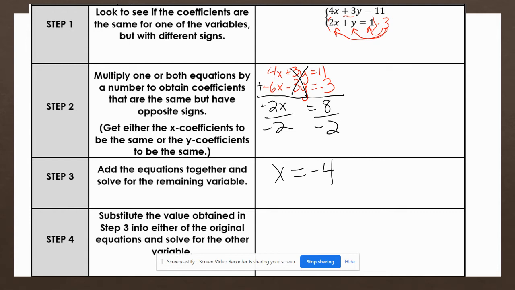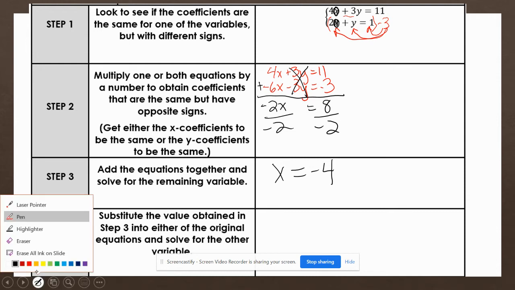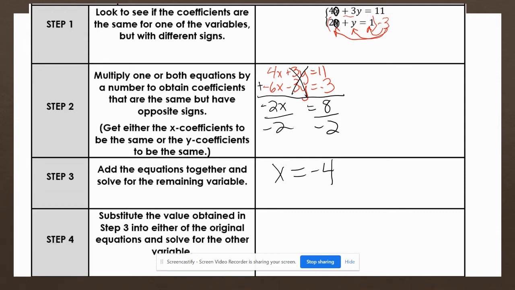Now that I've got x is equal to negative 4, I can plug that into either this x or this x in my originals to solve for y. So if I solve for y on the bottom one, I do 2 times negative 4 plus y is equal to 1.